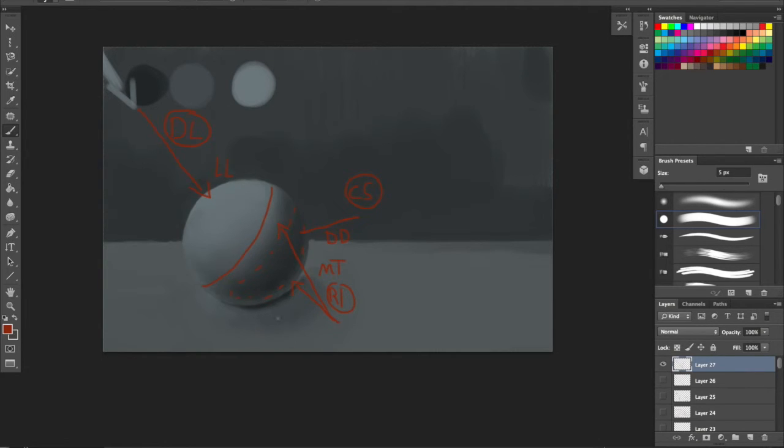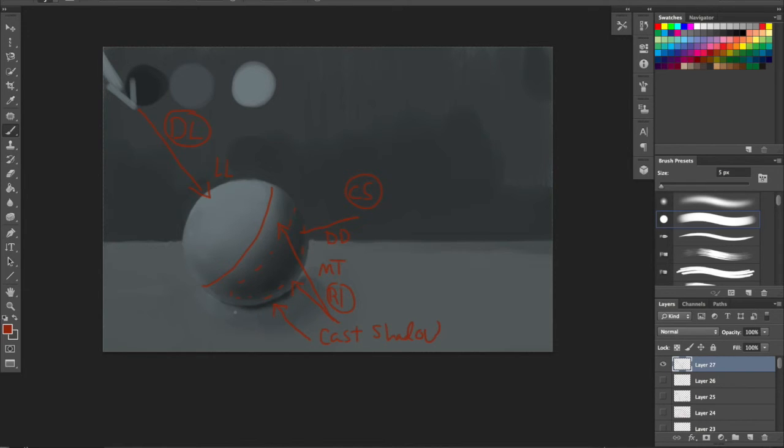Next, we have our cast shadow. And you're going to have some of those darks down here. But the cast shadow is really important because it grounds the whole sphere. So we have our cast shadow.